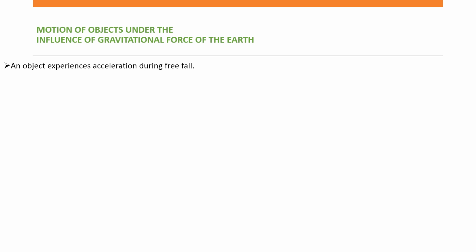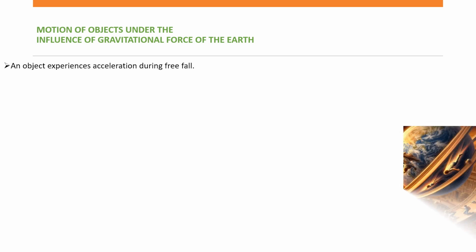As the object moves towards Earth, it is accelerating, but accelerating at a constant rate, 9.8 meter per second square. But the speed is increasing, remember. An object experiences acceleration during free fall. It's very clear, right? It's accelerating.